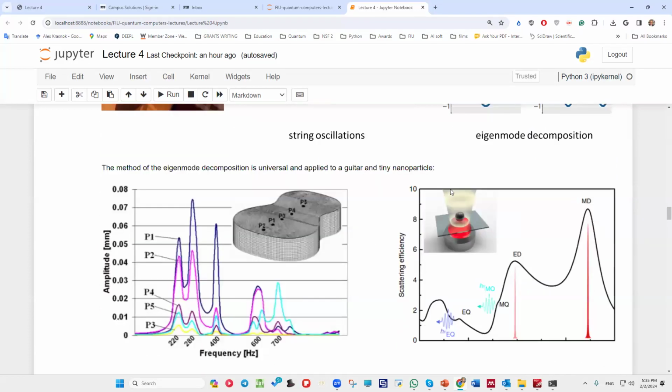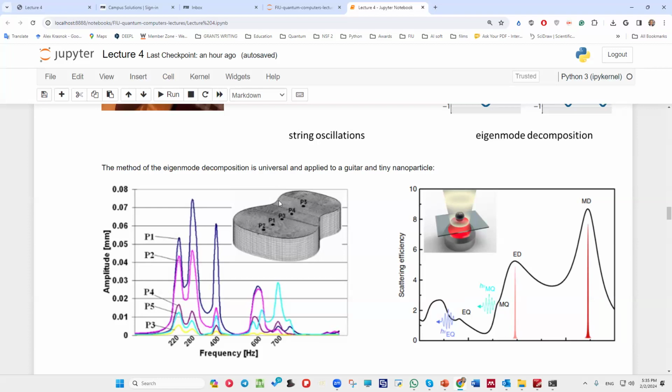And this is one good example of a very general concept, a very general approach that actually works for any system. So here I put as an example just 2 of them.